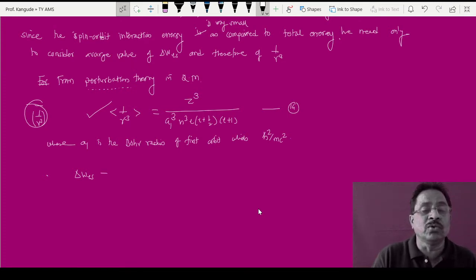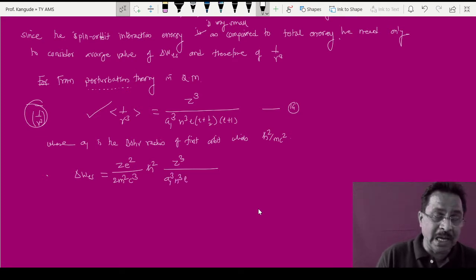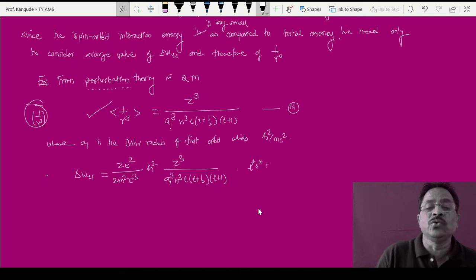Delta WLS is equal to, write it later on, Z into e square divided by twice m square c cube into h cross square, multiplied by Z cube divided by a1 cube into n cube multiplied by L, into L plus 1/2, into L plus 1, multiplied by this remaining factor L star S star into cosine of the angle between L star and S star.